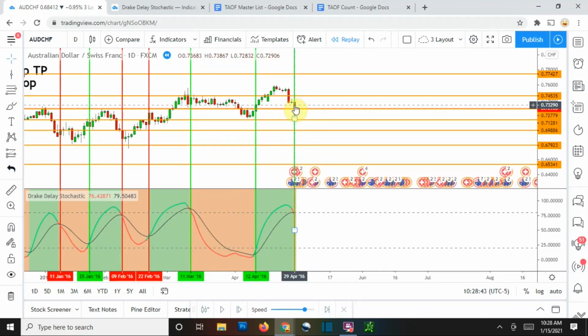The signal might be a little bit delayed right here on the Drake Stochastic, because we would have liked to have gotten in more to the upside here. This big candle right here took up a lot of real estate as it came down.